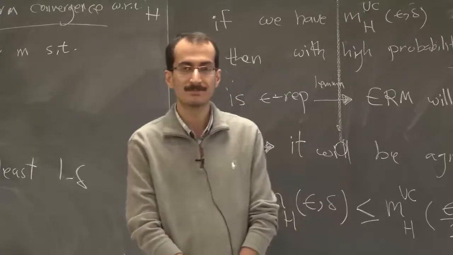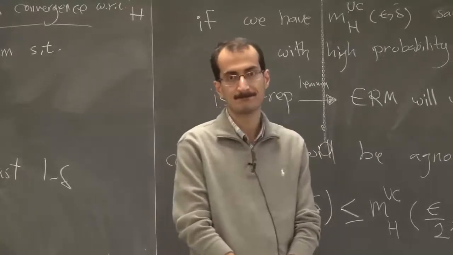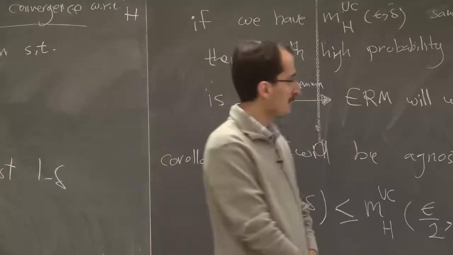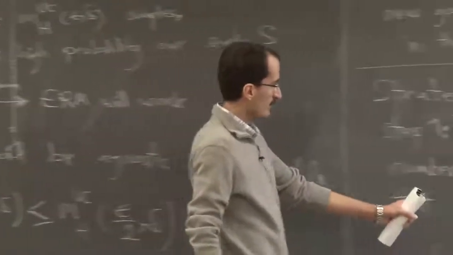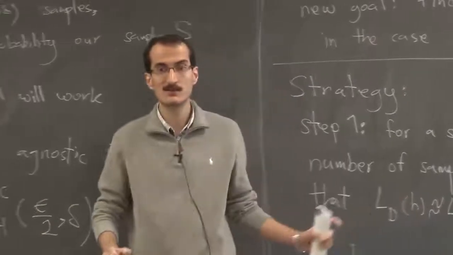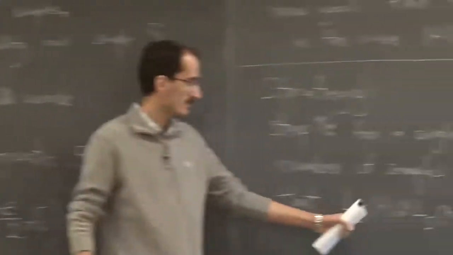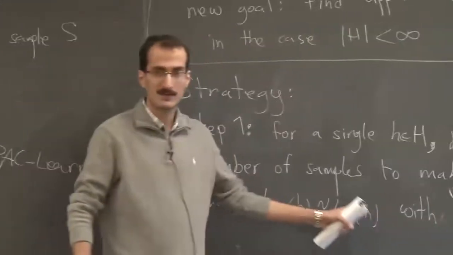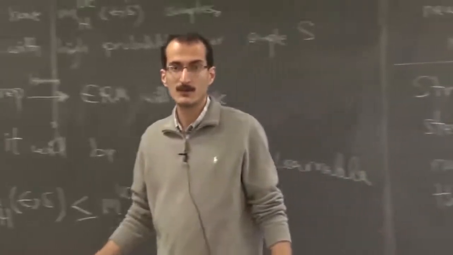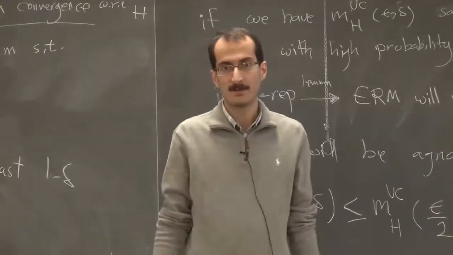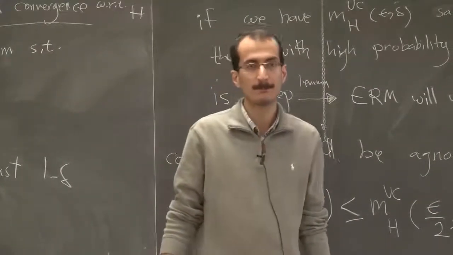But step 1 says for a single function, we're trying to bound the error. Not error, yes, maybe I'm wrong. So I want to say that these two things are close to each other. I don't want to say that this one is close to 0, or that any of them is close to 0. So LS would be close to 1/2. Yeah, both of them could be half. Exactly. Good.